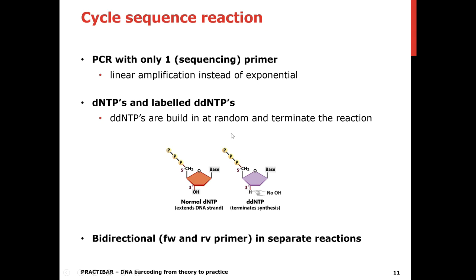And those ddNTPs also have a fluorophore. But if a ddNTP is built in, then the elongation stops, because it's not possible to add another NTP right here. So you do the cycle sequence reaction twice, one with the forward primer and one with the reverse primer in separate reactions, so that you sequence in both directions.